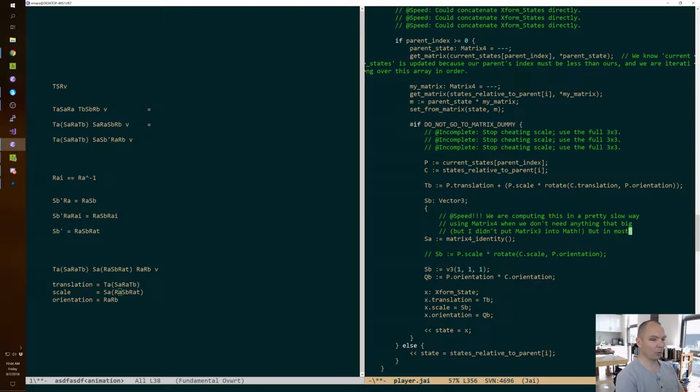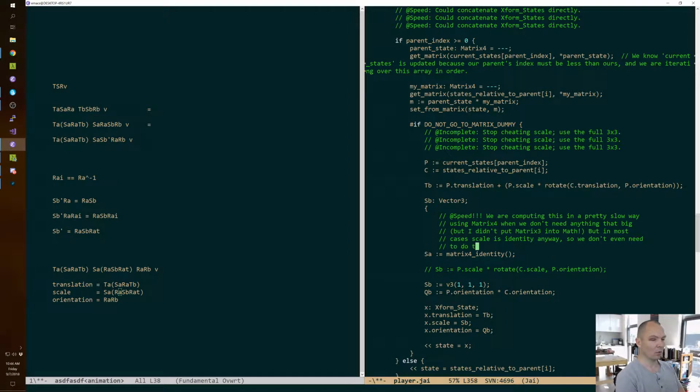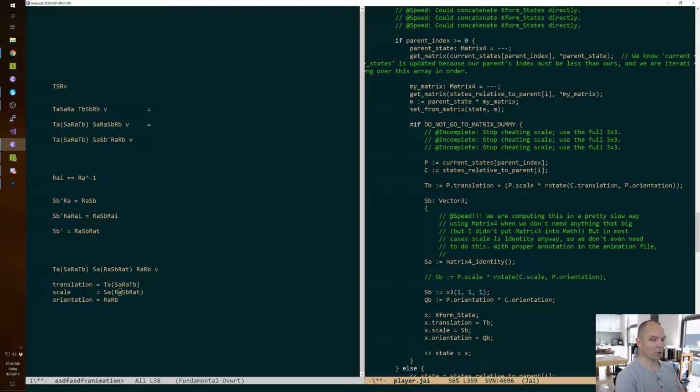But in most cases, scale is identity anyway, so we don't even need to do this with proper annotation in the animation file. We can decide what to do here.